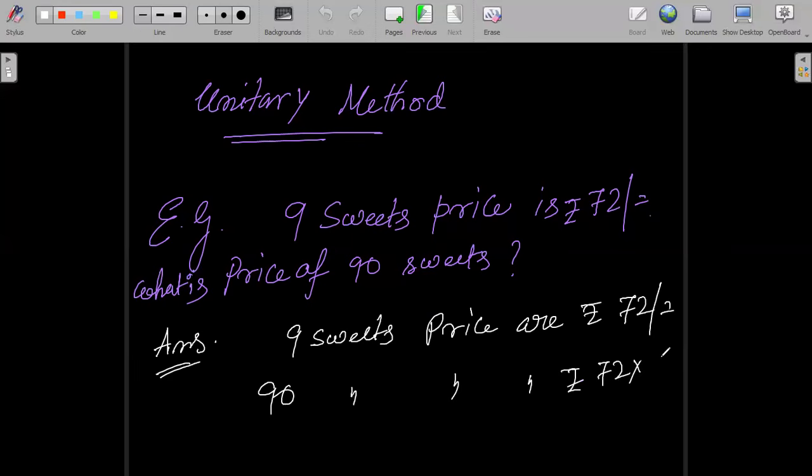That is, we simply multiply 72 with 10 and we can straightforward write it down as 720. So it's pretty easy, right?